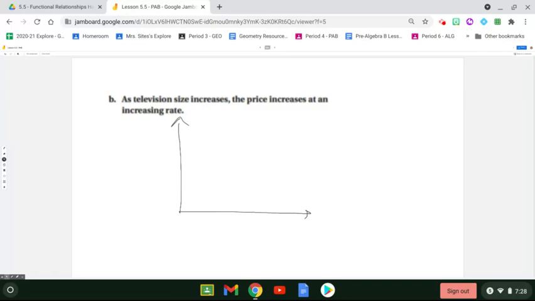So it seems like we need to have price on here, and we have to have TV size on here. So as the TV size increases, the price increases at an increasing rate. Geez, that does not sound like it's linear. The price increases at an increasing rate.